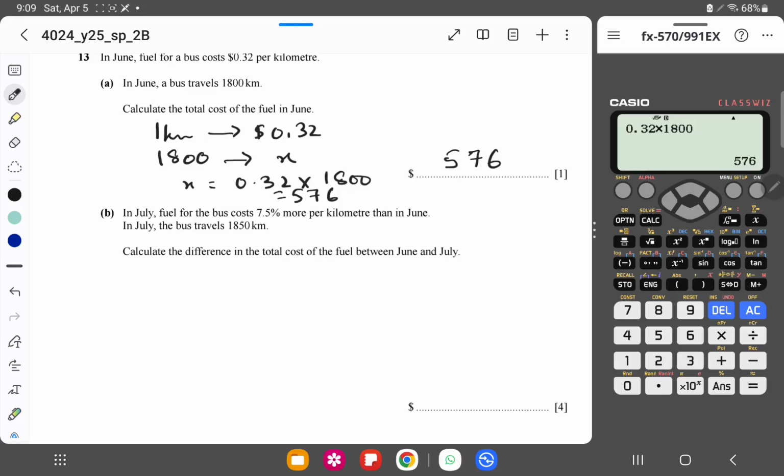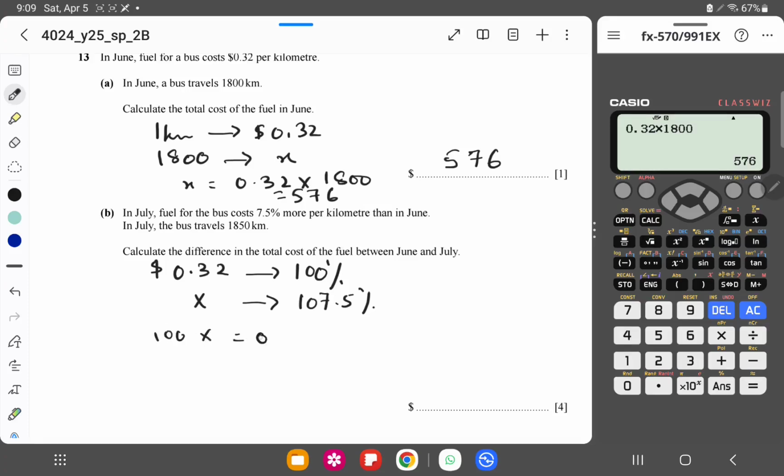We are finding out what the cost in July is first. $0.32 was the cost in June, which we can take as 100%. In July, the cost is 107.5%, since there is a 7.5% increase over 100%.